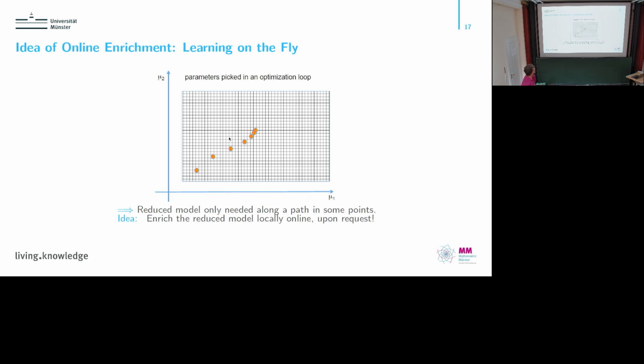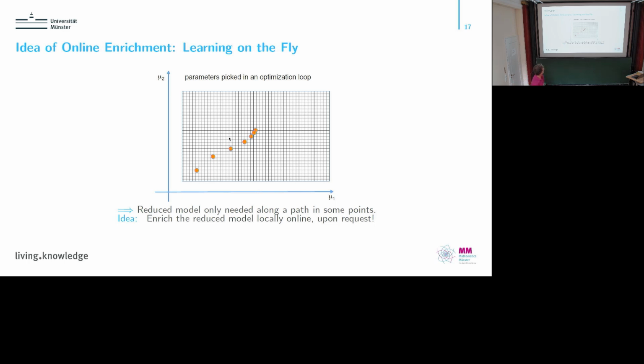I indicated that we produce these reduced models, and these reduced models with discrete algorithms are produced in such a way that they have a guaranteed error accuracy on the whole parameter domain, and not just in the region where you use it for the optimization loop. And this is actually the point where you can beat the traditional reduced order models by taking into account that you only need the information in this area where the optimization loop goes.